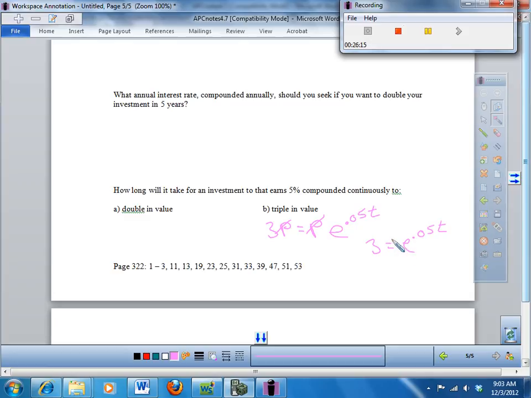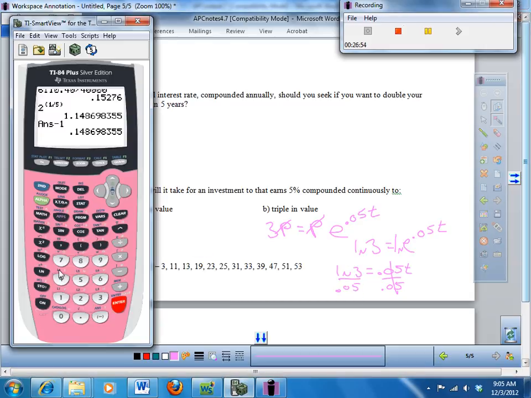What's the inverse of e? Natural log. So if I take the natural log of both sides, what I get is that the natural log of 3 equals 0.05 t, and then I divide both sides by 0.05, and I get that t equals natural log of 3 divided by 0.05.